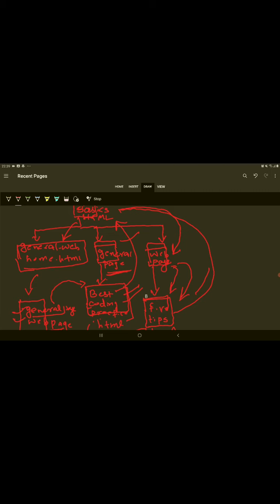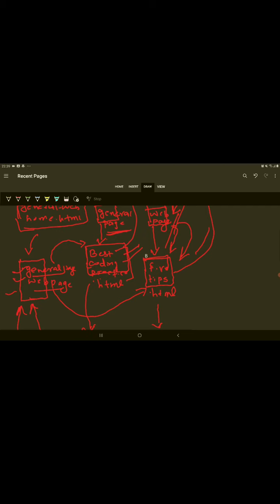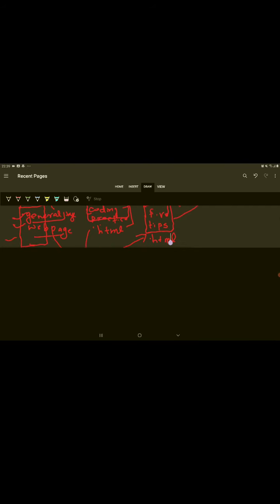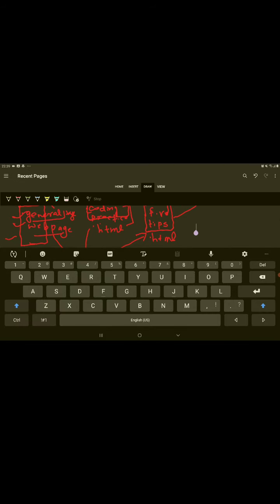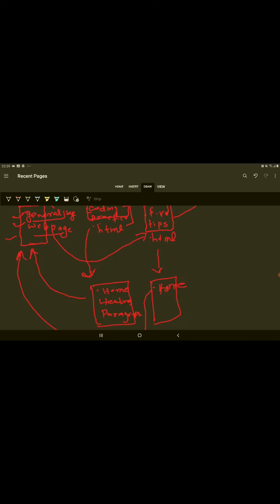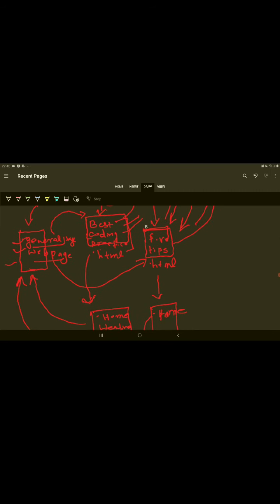We want to access this file general web home.html using the home button from 5tips.html.